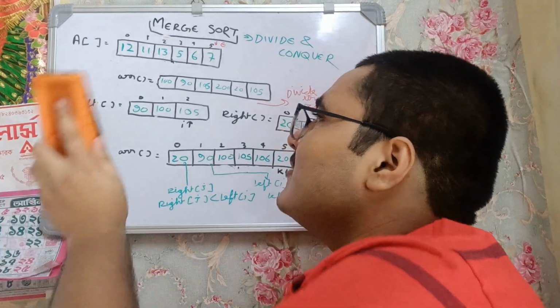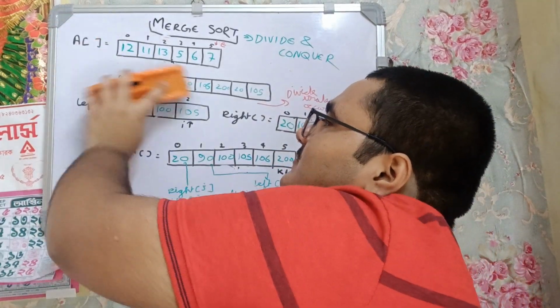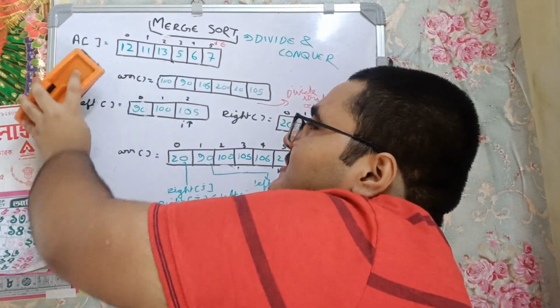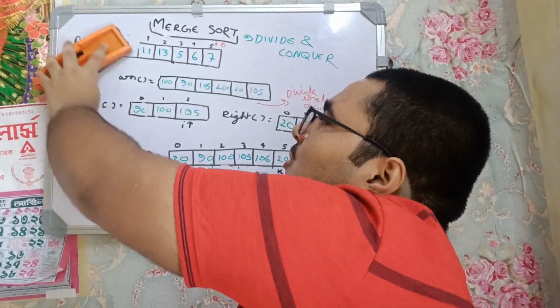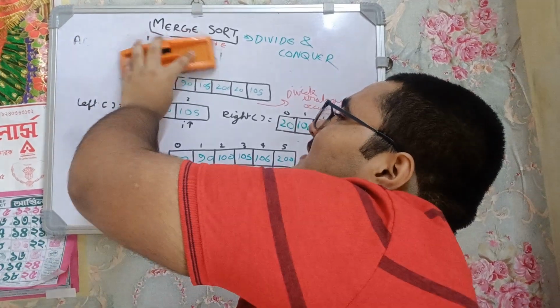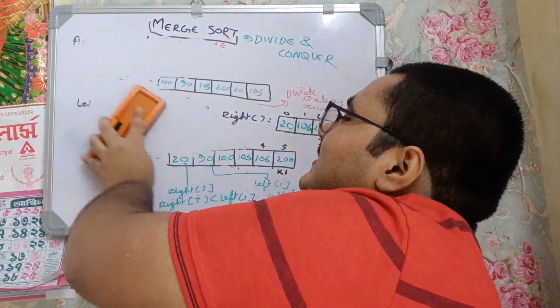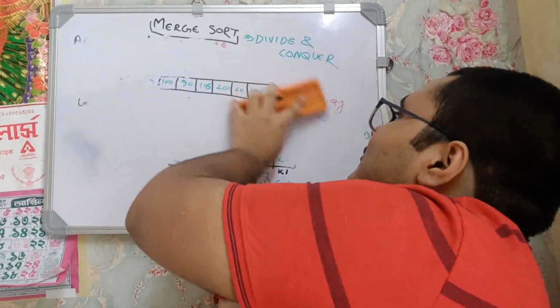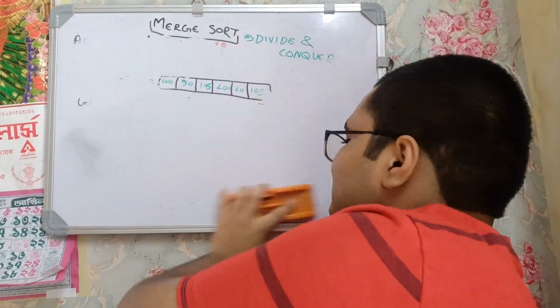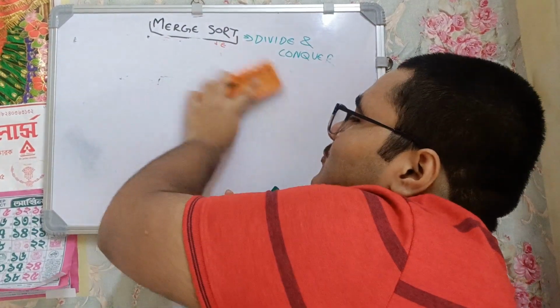So first of all, while we are proceeding with the pseudocode, what we are actually doing first, okay? So let me keep this array only just to observe.